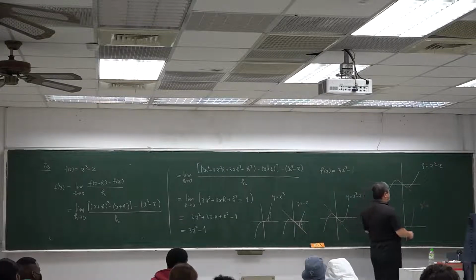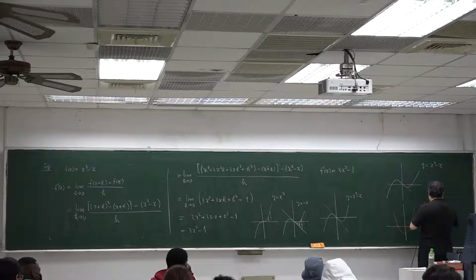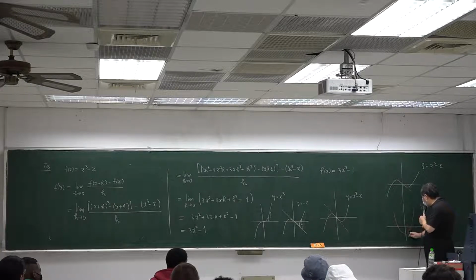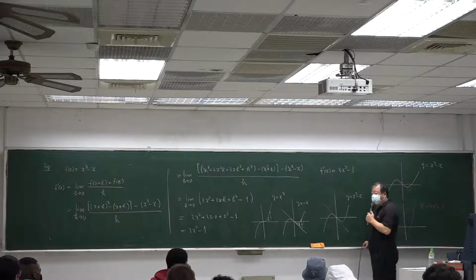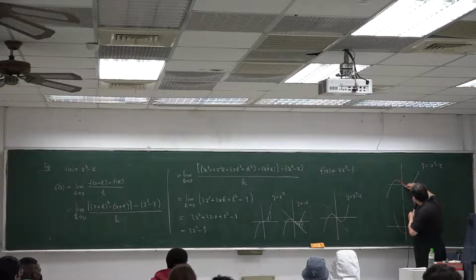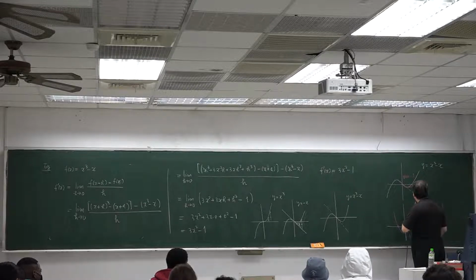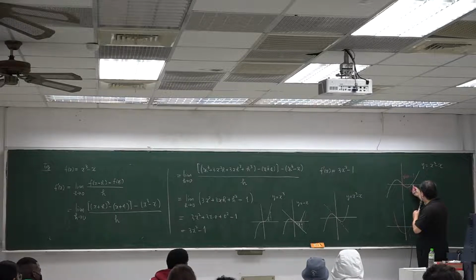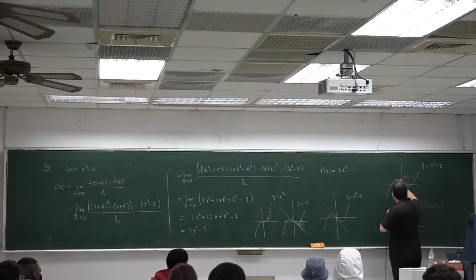3x squared minus 1. See? x squared, the parabola, 3 minus 1. Minus 1. Horizontal slope here.